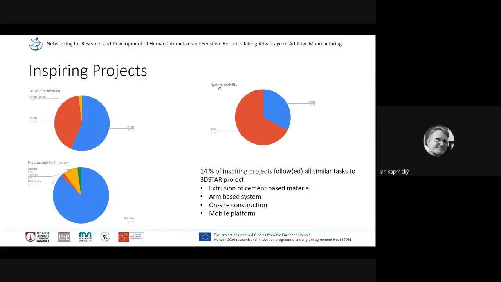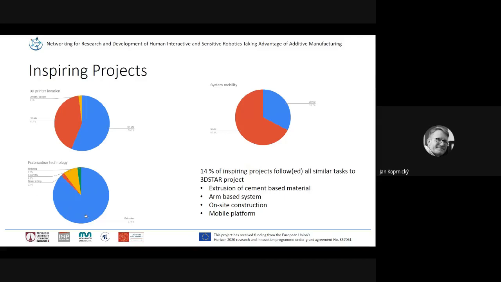But what about the question of system mobility? Three quarters are mostly static. They are not equipped with any moving belts or wheels and so on. And the last graph I prepared is based on the fabrication technology.